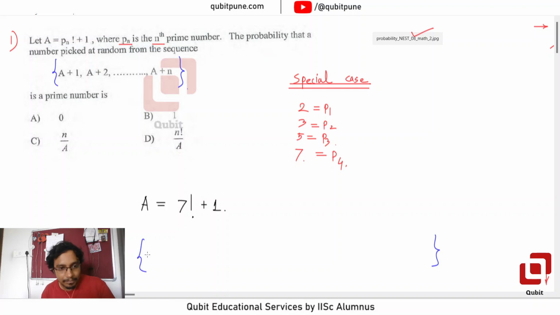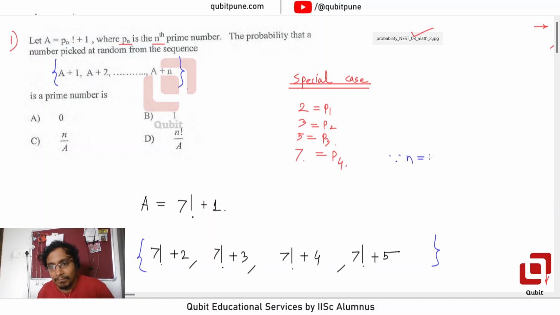Okay. Observe that, because n is 4, our sequence will have 4 terms only.